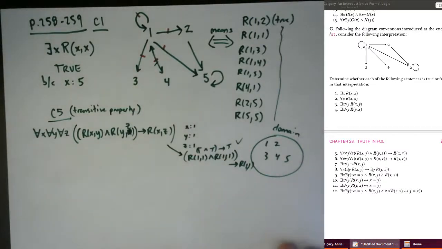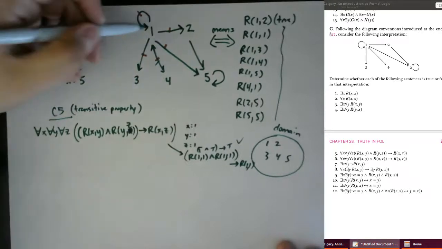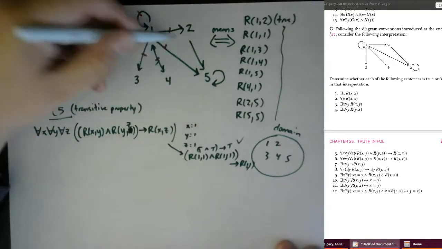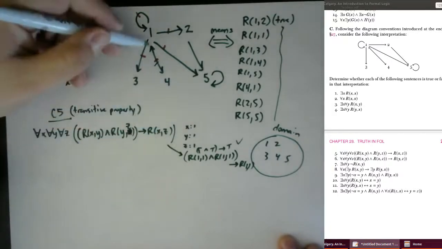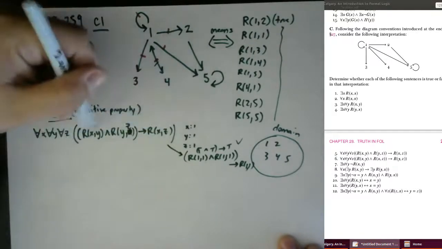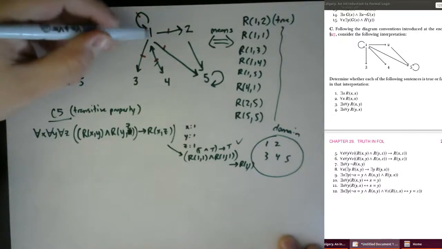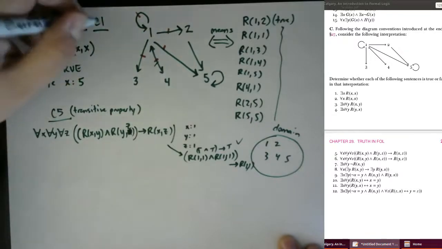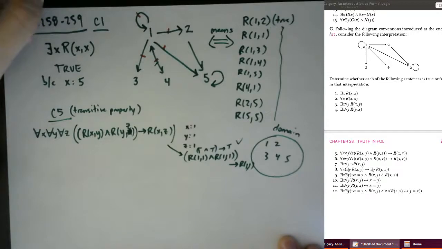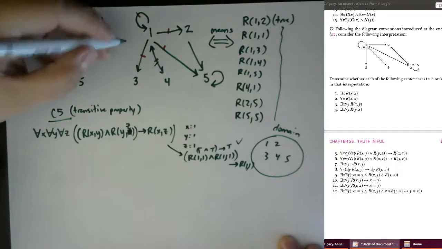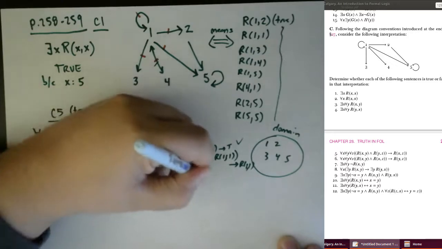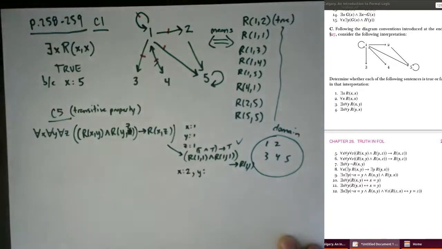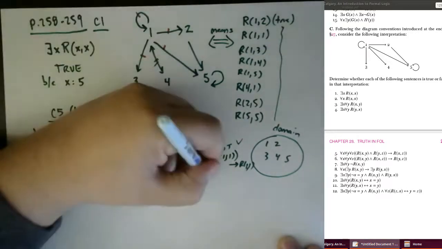So maybe I pick... Now 1's going everywhere, right? So if 1 is the first thing, then no matter what the second thing is, it's going to be true. So maybe I don't want X or Y to be 1. Maybe I want 2 to be one of them. Maybe I take X to be 2. Let's take Y. We could let Y be 1, right?